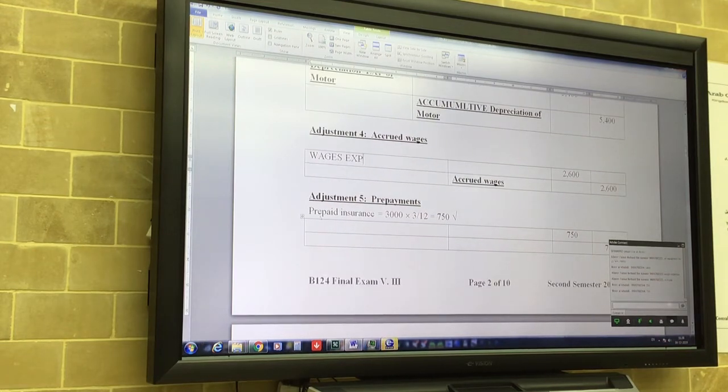So here we will write prepaid insurance or prepayment insurance to insurance expense, 750. Clear?